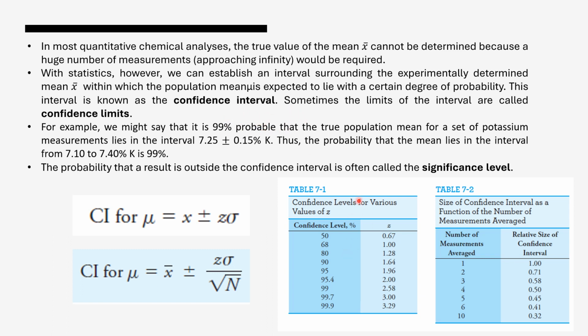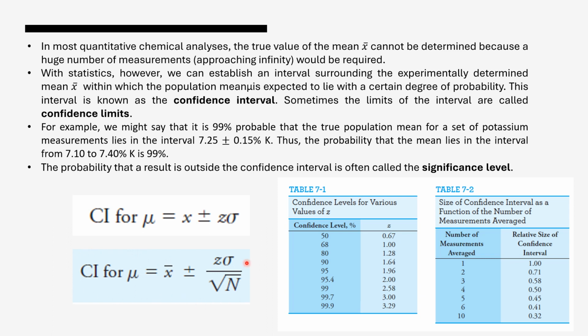Take note, in confidence interval, we have different degrees of confidence level, as you can see in this table. In each confidence level, we have our Z value or relative frequency. This is the formula for the confidence interval for the population: you have your data, plus or minus, the relative frequency times the population mean.